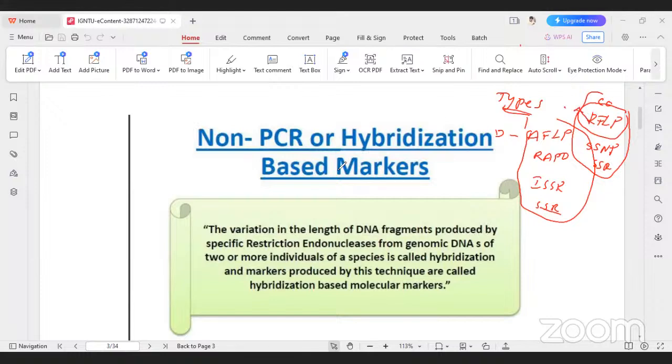Most of the remaining are PCR-based molecular markers, for example RAPD, random amplified polymorphic DNA. I will not explain all of them, only two or three important molecular markers.